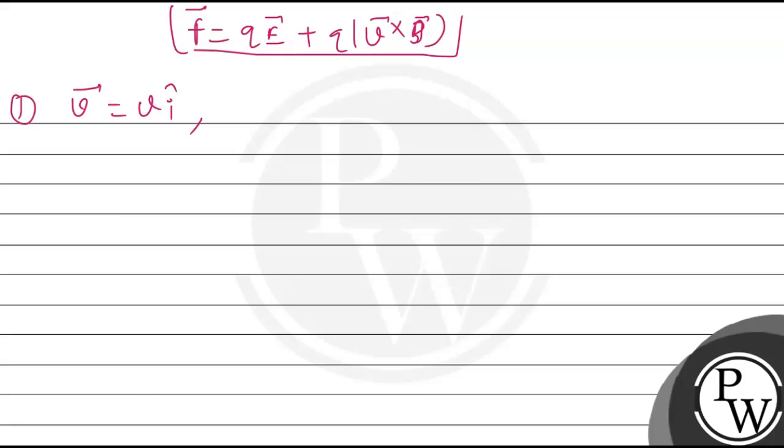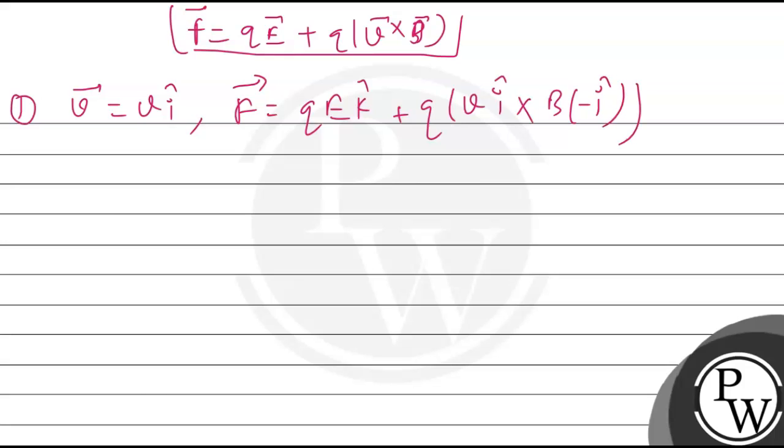For that, the force is equal to qE, which is E k cap, plus q times V i cap cross B minus i cap. The cross of i cap and i cap will be 0 because the angle between them is 0. So the force F1 comes out to be qE k cap.